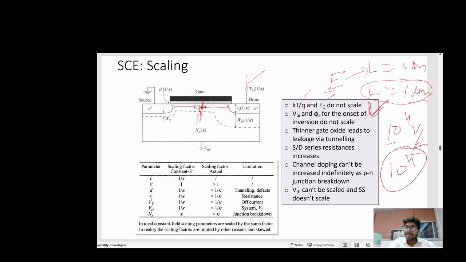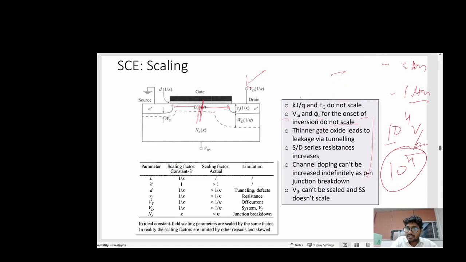And Eg, the band gap, doesn't scale because these are material properties. VBI and phi s for onset of inversion do not scale. So these are some of the things, and there are some other effects that will come into the picture.